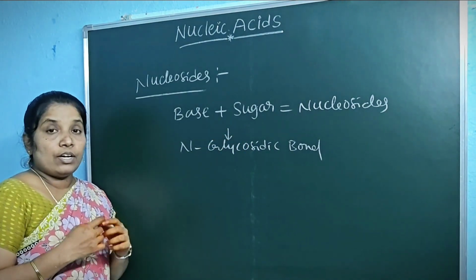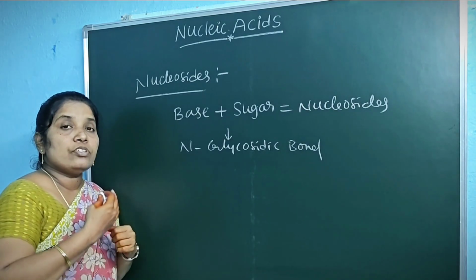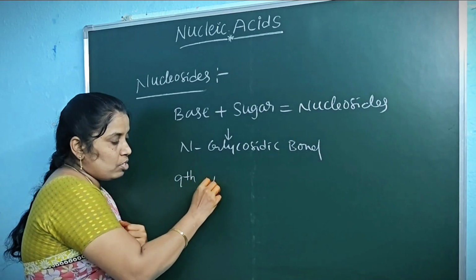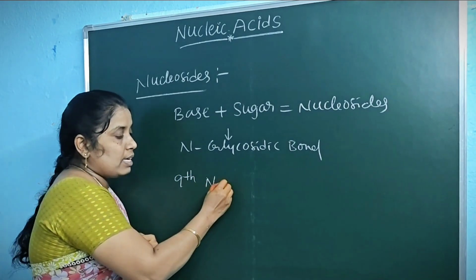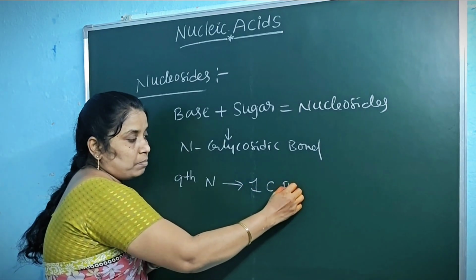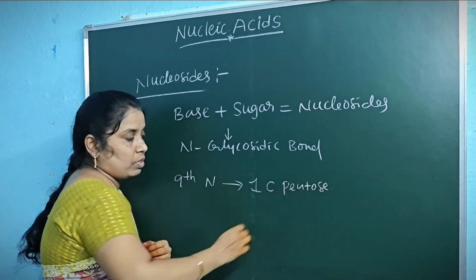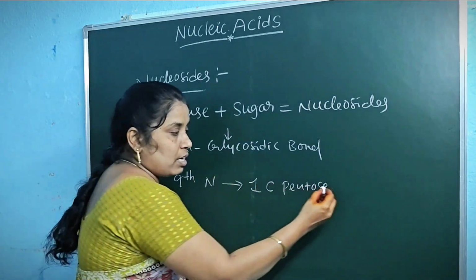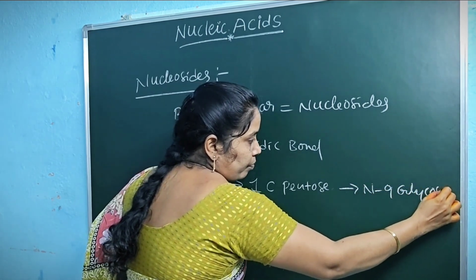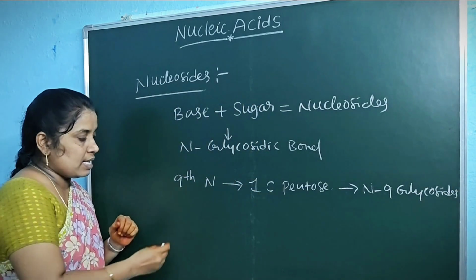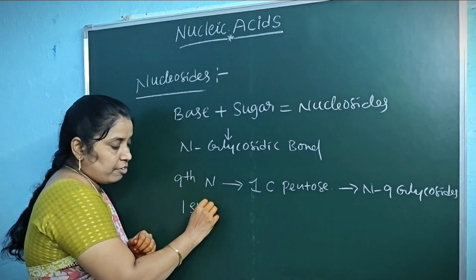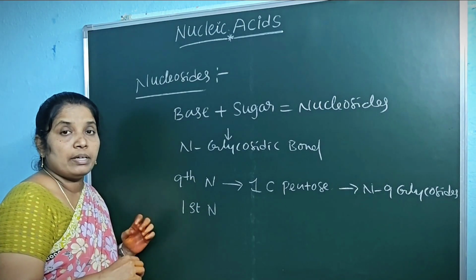Okay. So the glycosidic linkage is established between the ninth position nitrogen of purines and the first carbon of pentose sugar. So that's why these are called N9 glycosides. Whereas for pyrimidine, they don't have an imidazole ring.